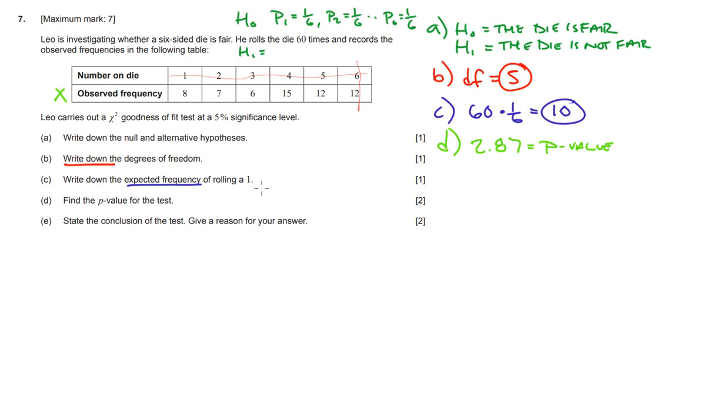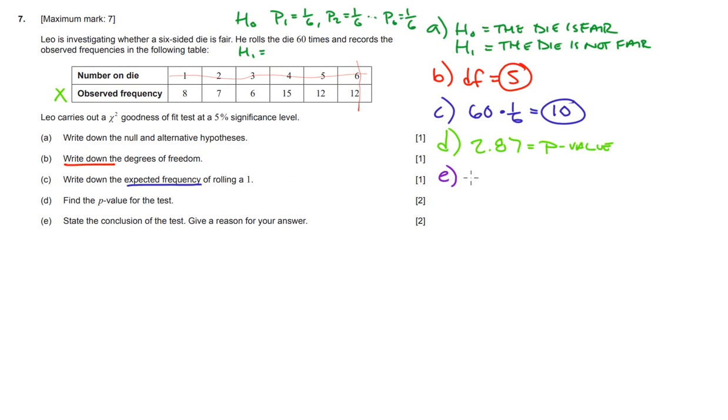Let's see, find the p-value. So we did that on our calculator. And then part E here says state the conclusion of the test and give a reason for your answer. Okay, so this is another one of those things that, again, I believe we have to memorize. I don't think this is on the formula sheet.